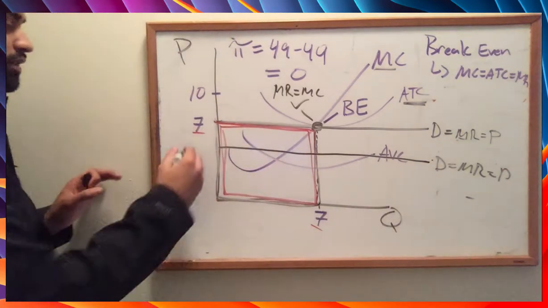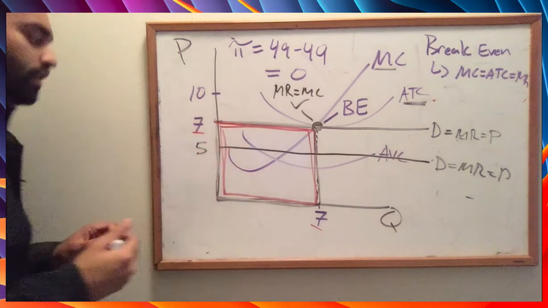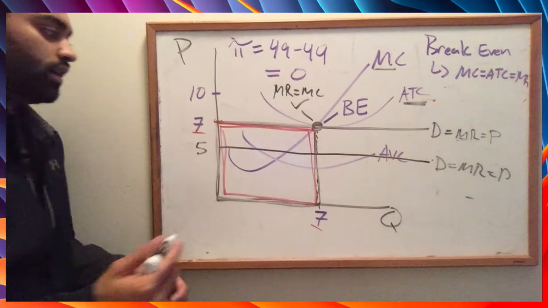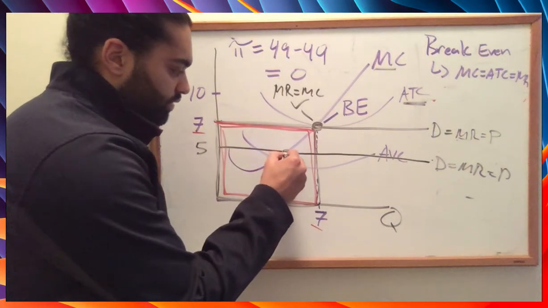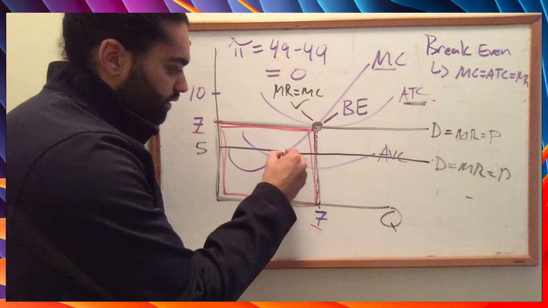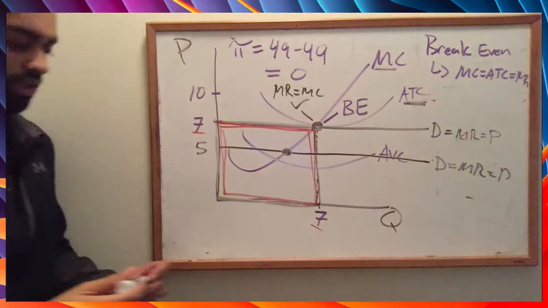As our price decreases, let's just say to 5. Now, our profit maximizing point is right here. Again, this is where marginal revenue equals your marginal cost.